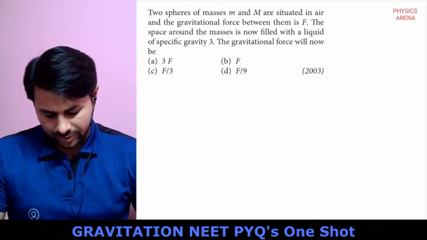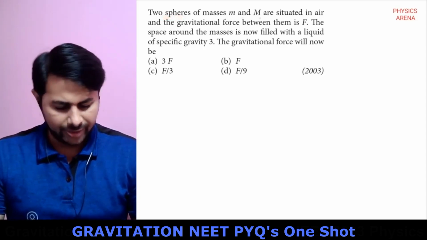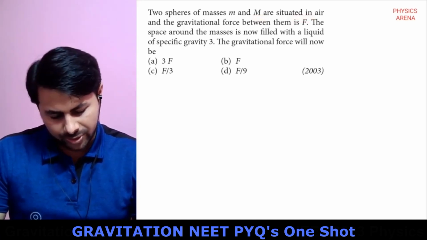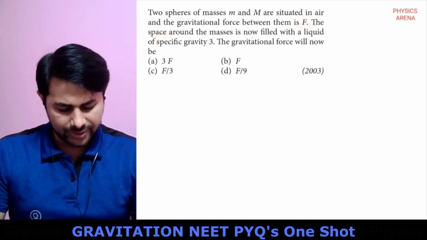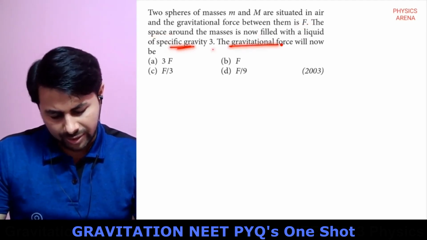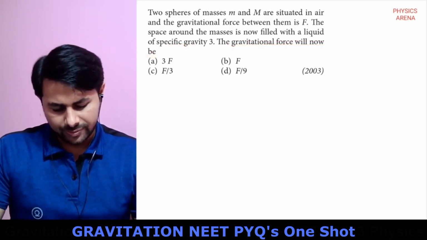The next question. Two spheres of masses small m and capital M are situated in air and the gravitational force between them is F. The space around the masses is now filled with a liquid of specific gravity 3. The gravitational force will now be, what will happen?